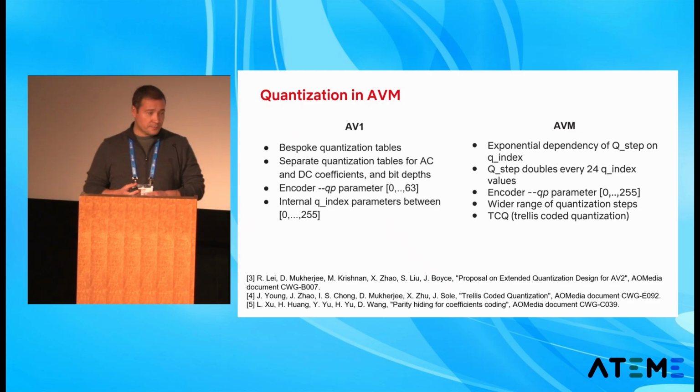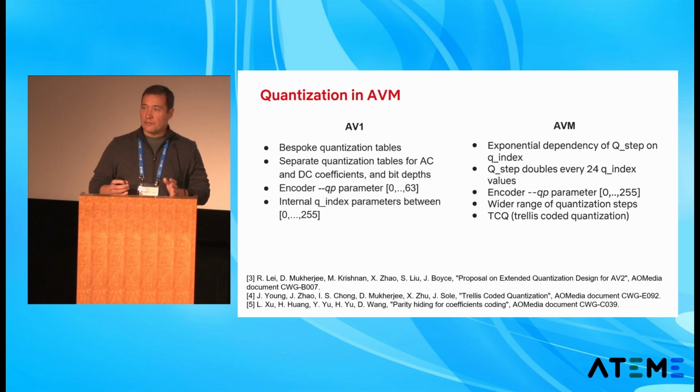For AVM, there is an exponential dependency of the Q step on the Q index, so you can express it using a formula. And the Q step doubles every 24 Q index values, so there is a finer granularity than, for example, in the MPEG family of standards.